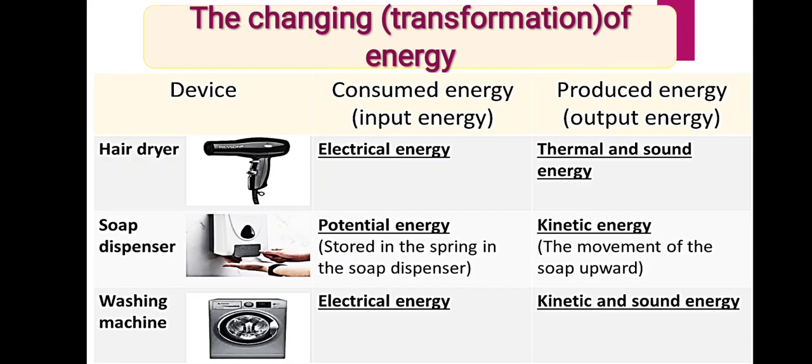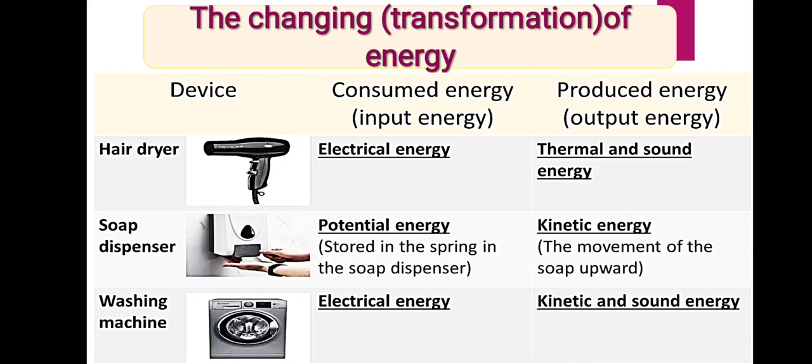The energy which goes in the device and makes it work is called input energy. So the input energy in the hair dryer is the electrical energy. The electrical energy makes the hair dryer work.